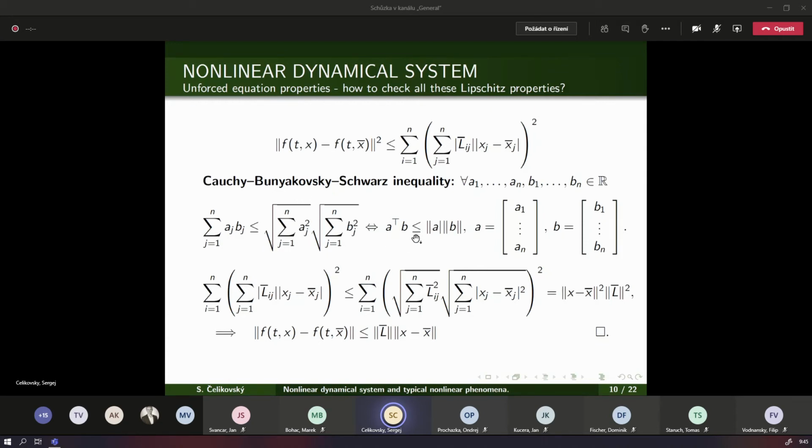Which of course, if you denote these as vectors, says that A transpose B is less than the norm of A times the norm of B. So if you apply this inequality here, then it will give you some computations, and you may conclude that actually L bar is the estimate for the Lipschitz constant.